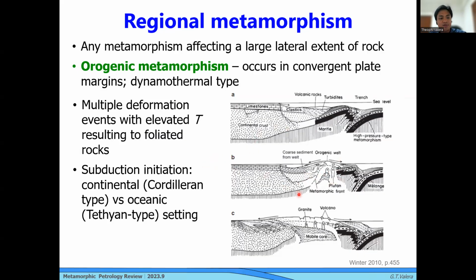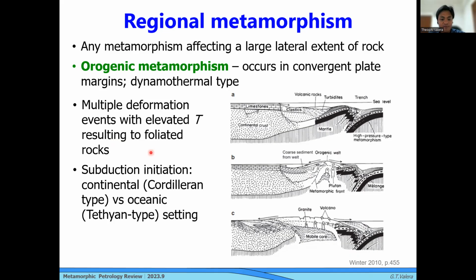So this orogenic metamorphism usually involves multiple deformation events with elevation of temperature resulting in the foliated nature of the metamorphic rocks, typically comprising these tectonic terrains.